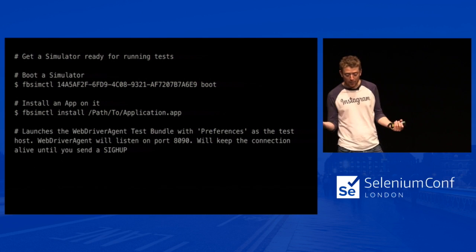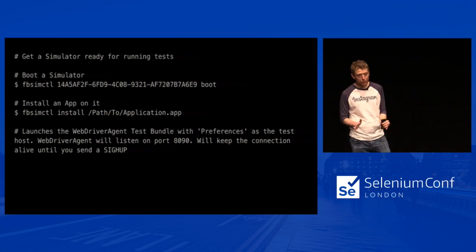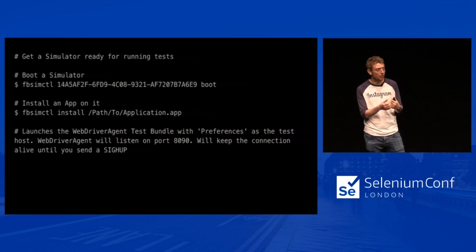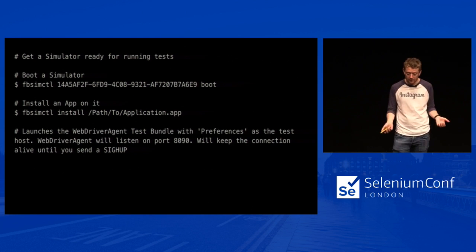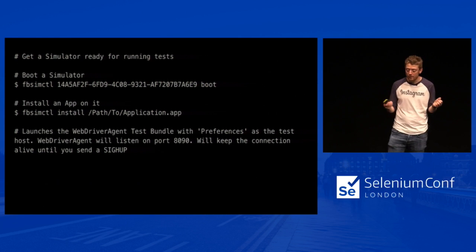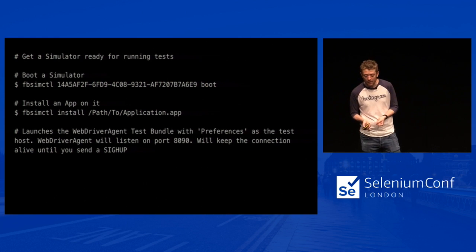Now, this is a bit more complex, but what we're going to do is launch WebDriver Agent, and we're going to inject it. WebDriver Agent is going to run inside the test bundle host of the preferences application, because it's installed on all iOS simulators. That will be the test host, and then we're going to start WebDriver Agent on port 8090, and this will keep the connection to WebDriver Agent alive until you send a signal to FSMCTL.